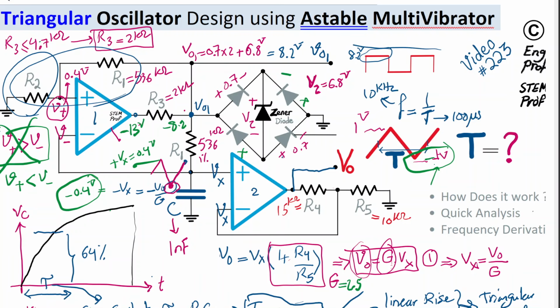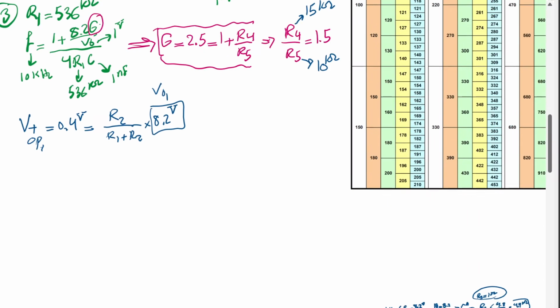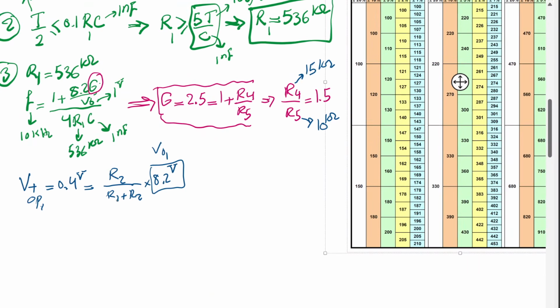So as I showed, VO1 is a rectangular, just square wave pulse, and that is a byproduct of the circuit. The circuit generates both a square and triangular waveform. And then R1 is already computed. That's 536 kilo ohm.